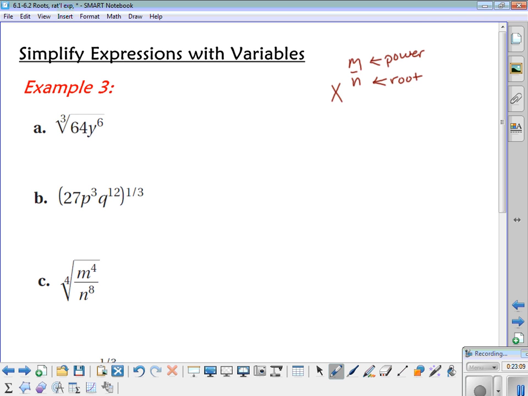First of all, I could take the 3rd root of 64. 64 is 4 times 4 times 4. So that's going to be 4. And then I've got y to the 6th divided by 2. Or another way you could look at it is basically y to the 6th is the same as y squared to the 3rd, right? Either way, if I take the cube root of it, I end up with 4y squared.